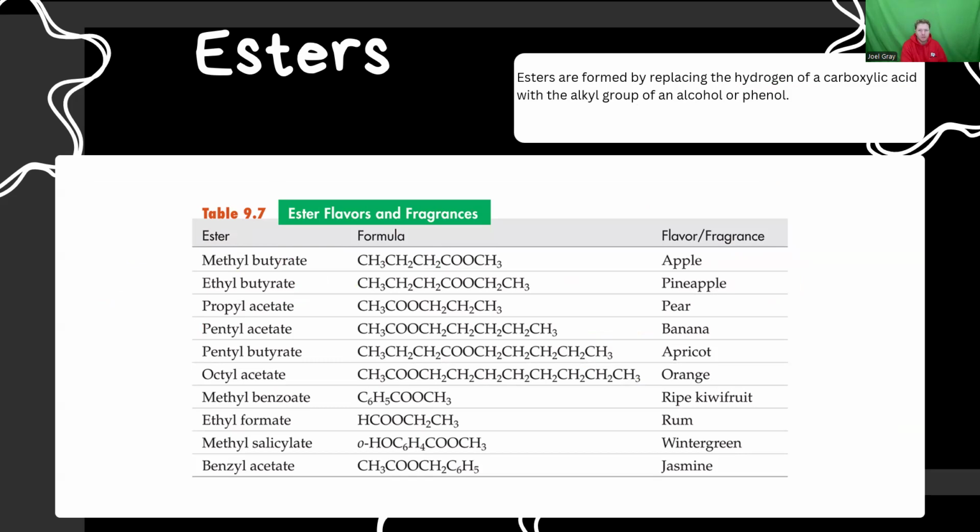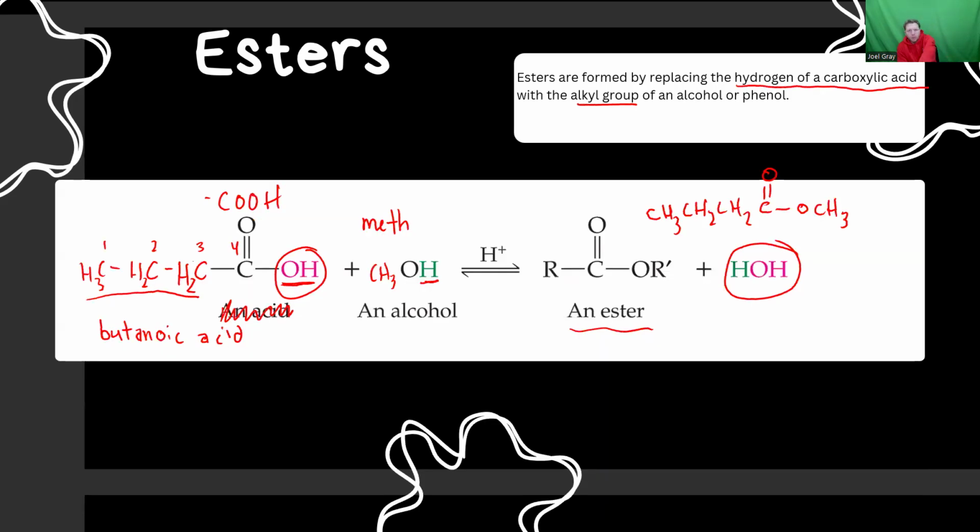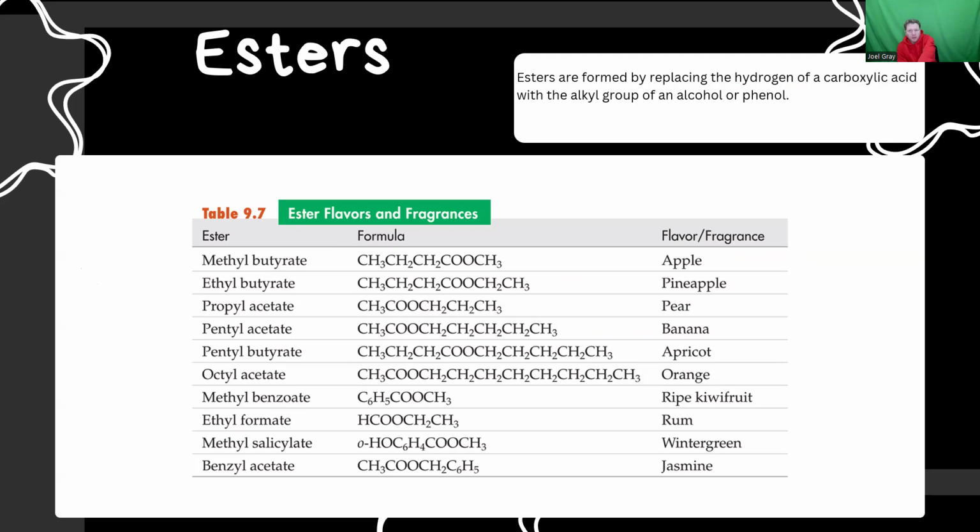And the significance of this is that with esters, we make fragrances. So what we did was we reacted butanoic acid and methanol. And in the process, we made this compound right here, methyl butyrate. Methyl butyrate has a fragrance of an apple. Sorry, Alex, you're absolutely right.